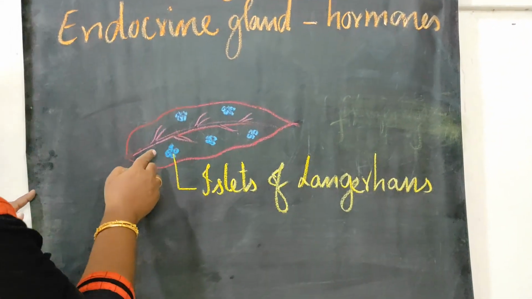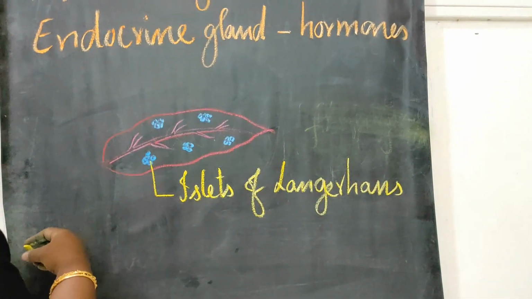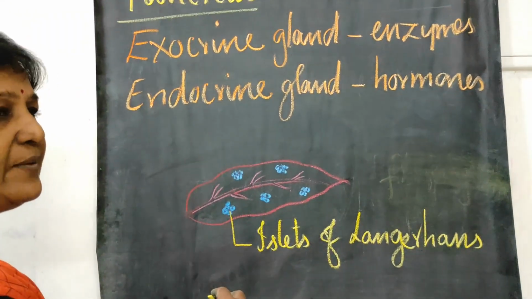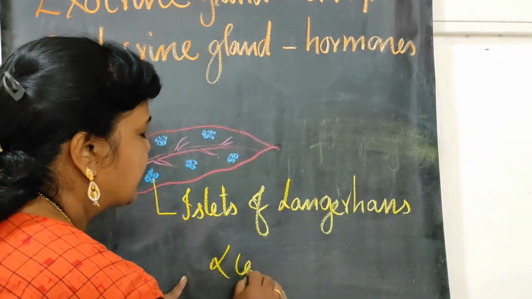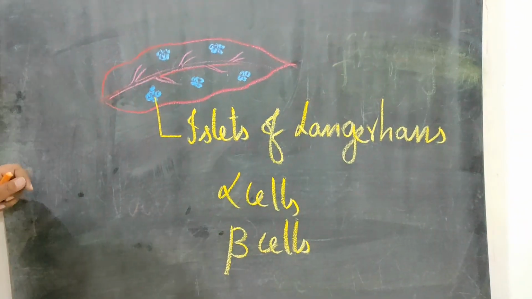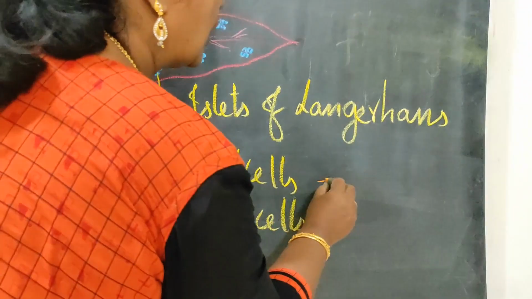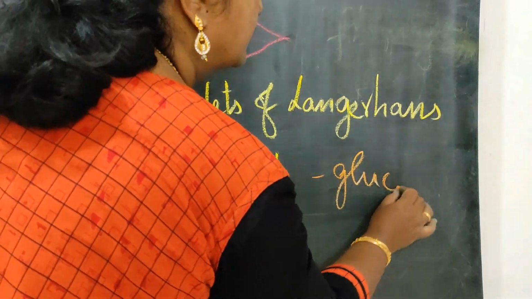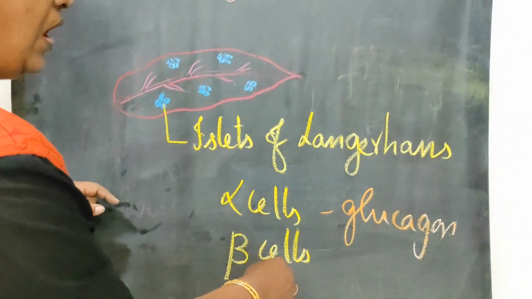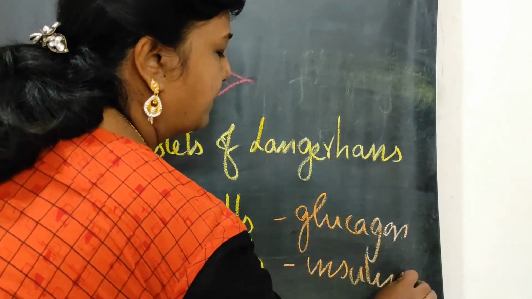These islets of Langerhans have two types of cells called alpha cells and beta cells. The alpha cells secrete the hormone glucagon, and the beta cells secrete the hormone insulin.